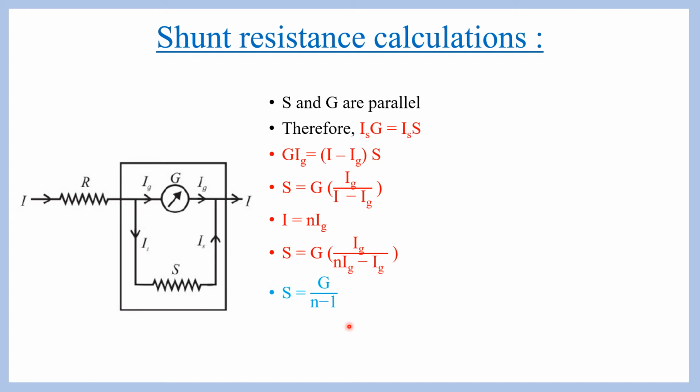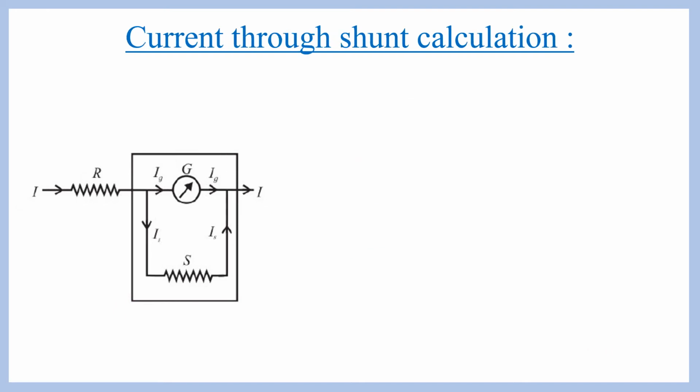By the understanding of these 2 points, you will be able to solve the problems based on these calculations using the ammeter. The value of S that we have got here will be the shunt required to increase the range of the ammeter by N times.